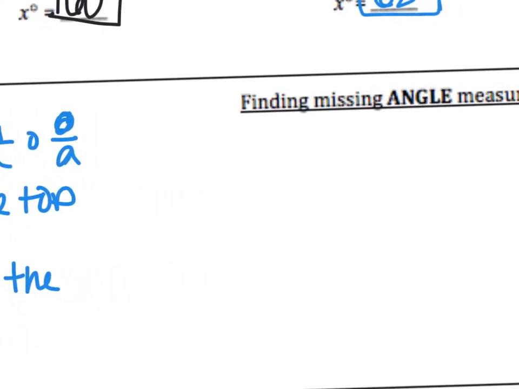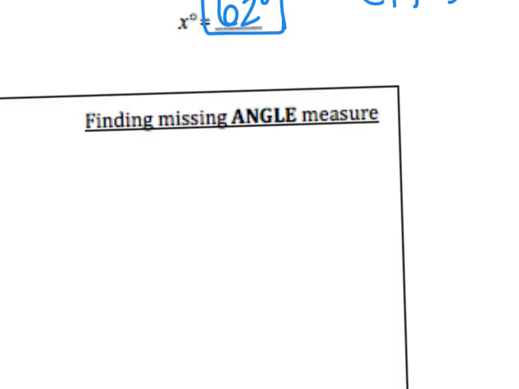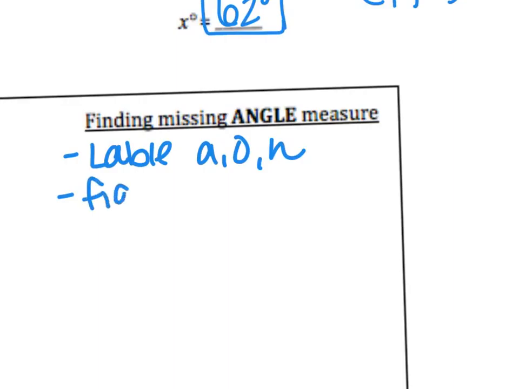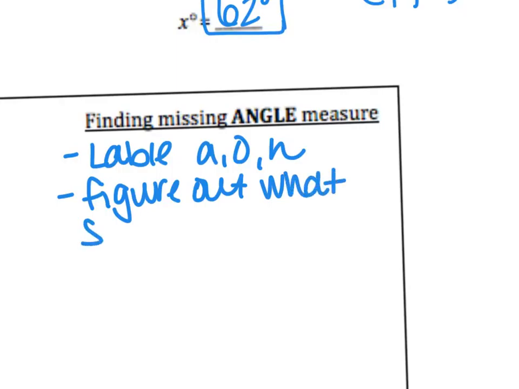And then last one over here, finding the missing angle measurements. So you're still going to label your triangle AO and H. You're going to figure out what sides you have. And really you do this for both finding the angle and finding the side lengths.